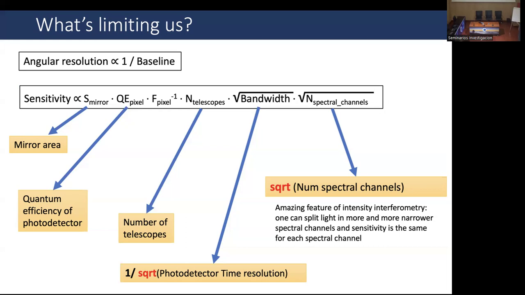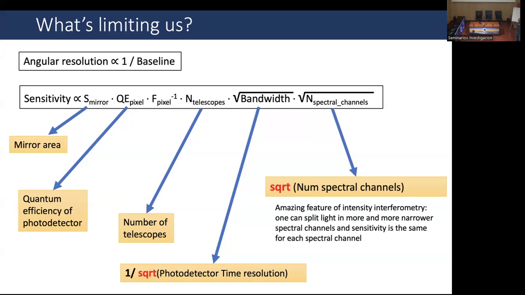You could also play a trick. We are working with a filter that is not so narrow, about 20 nanometers. In intensity interferometry, when you go from 20 nanometers to 2 nanometers, making the passband of the filter 10 times smaller, you get exactly the same signal to noise, because you get fewer photons, but they are better correlated.